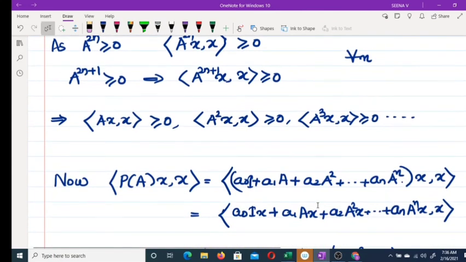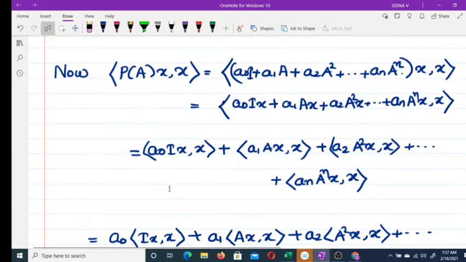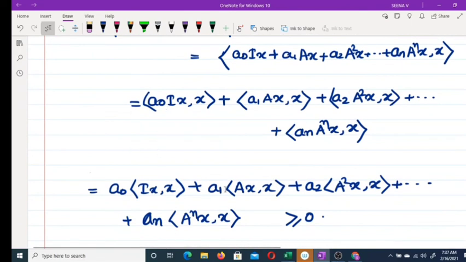So what about inner product of p of A x, x? This is like this, and this is equal to this one. If you use linearity property, this is a_0 inner product I x, x plus a_1 inner product A x, x plus a_2 inner product A squared x, x, etcetera. Here you can take constants outside.